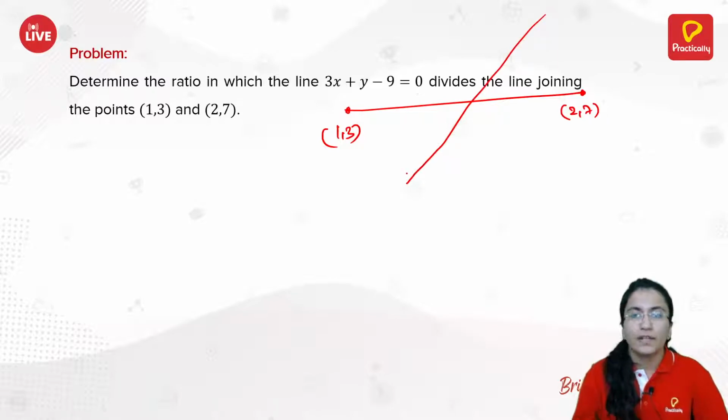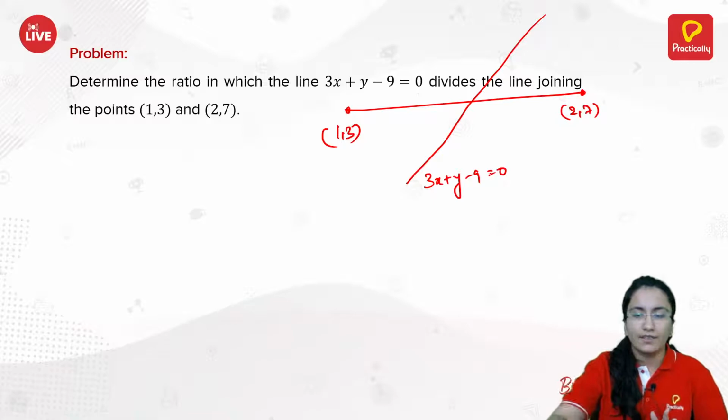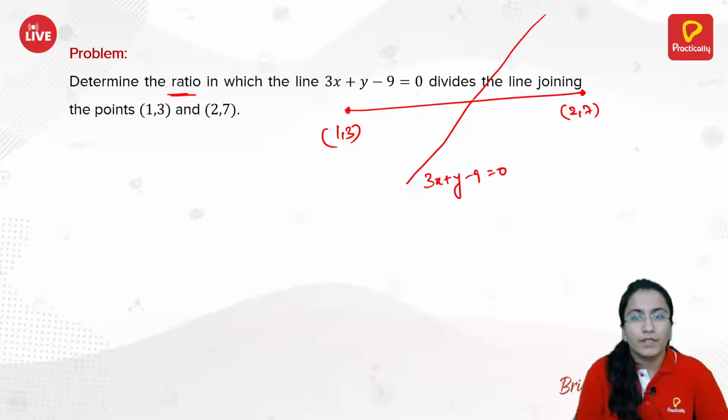Let's just suppose it is passing like this. So 3x plus y minus 9 equals 0. It's some line, right? You just need to plot it pictorially for your representation, okay? So you need to find in what ratio this line divides this particular line segment.